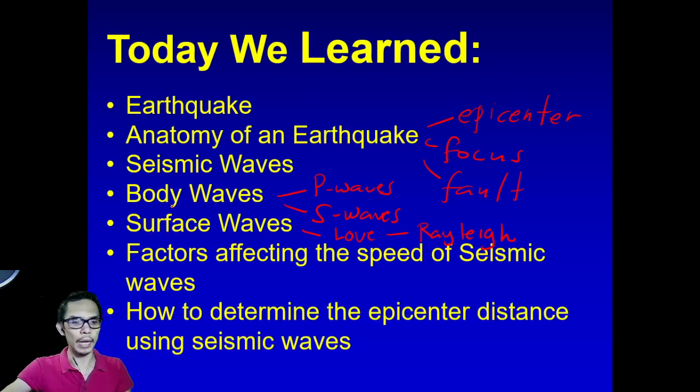Right, so you determine the epicenter distance using triangulation and using the seismograph reading. So by now, after this lesson, you now know how to read the seismograph readings. Alright, so you can now be a geologist. Okay. So these are the things that we have learned today.